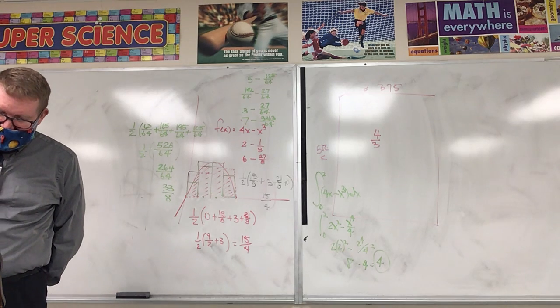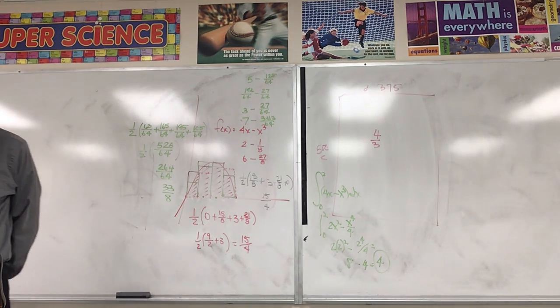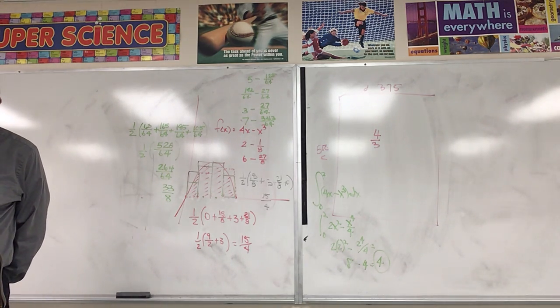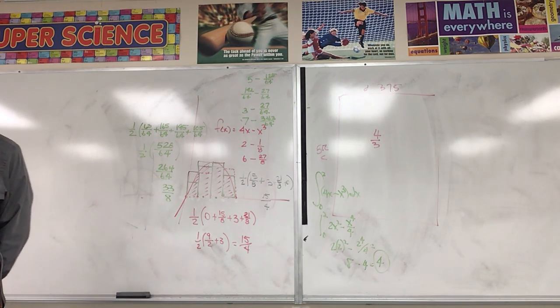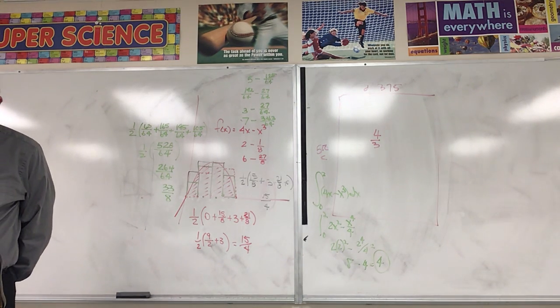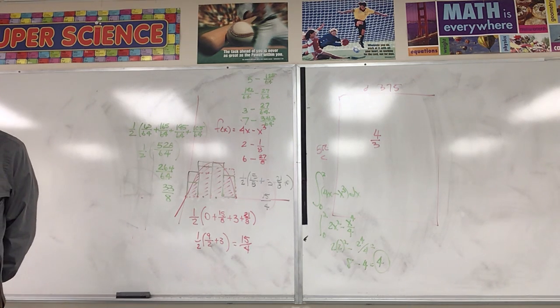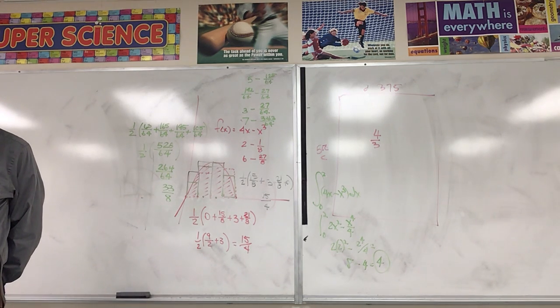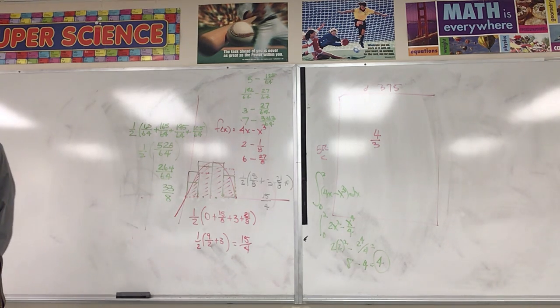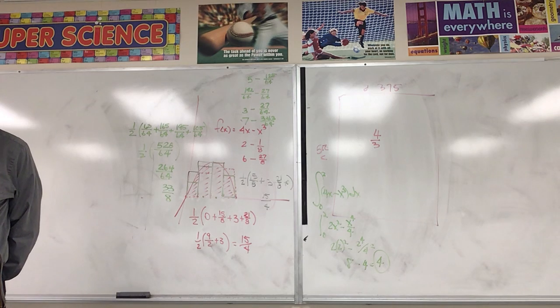Grace, letter C? Integral from 0 to 10, x times the quantity 3x minus 2, squared, dx. Correct. Letter D, Caleb? Integral from 0 to 10, 1 plus x squared all to the -1 dx.